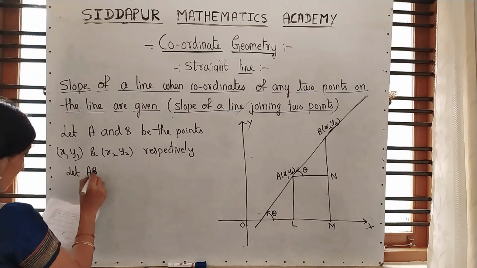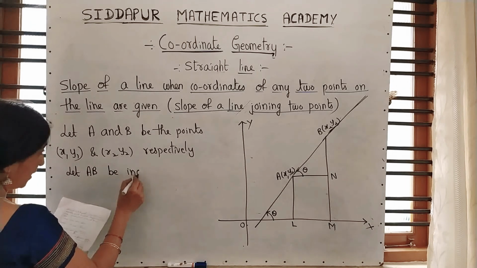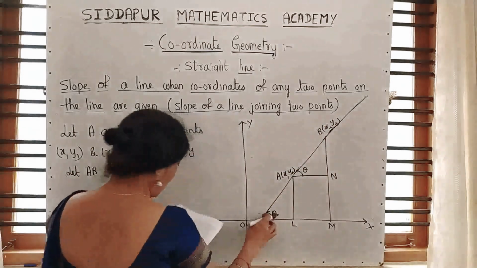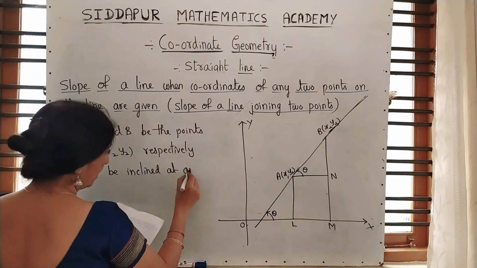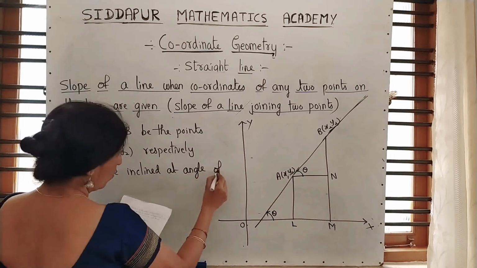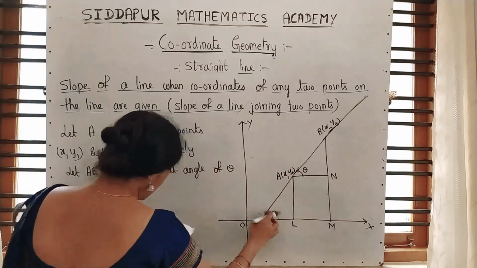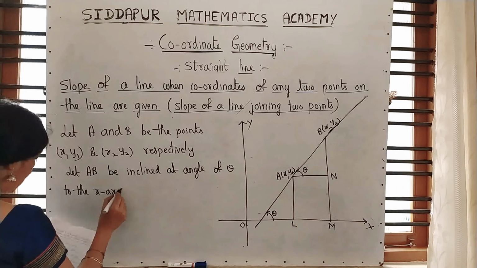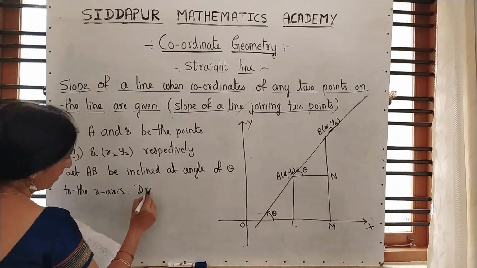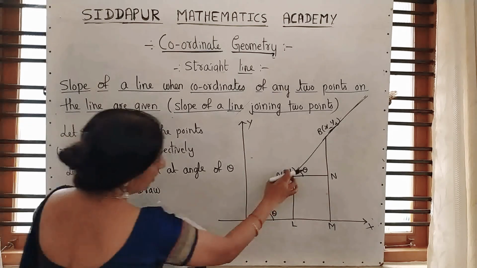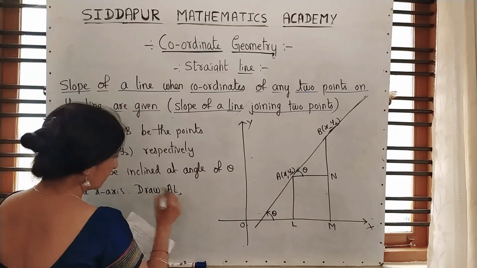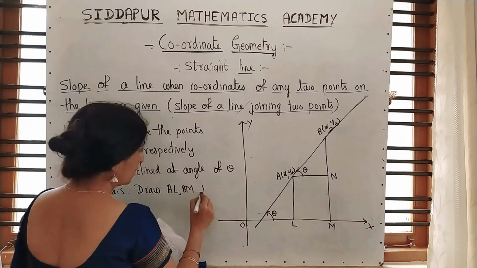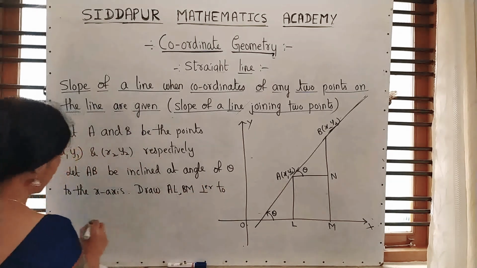Let the line AB be inclined at an angle theta to the x-axis. Now I am writing the construction. Draw AL and BM perpendicular to x-axis, correct?